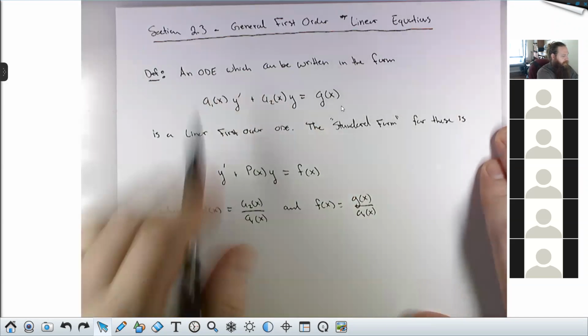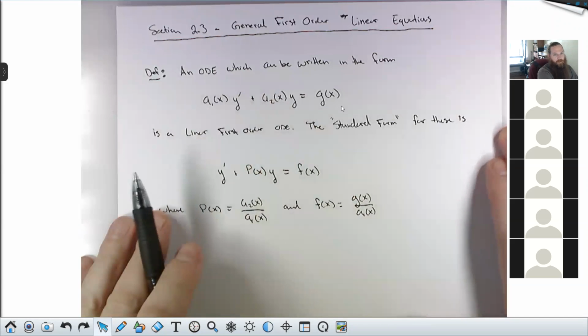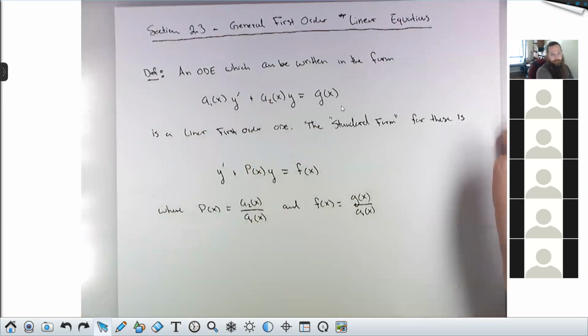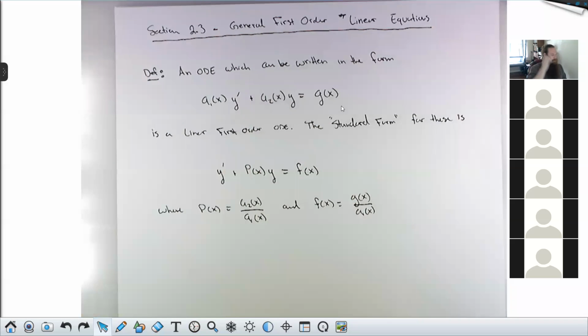So you can divide through the equation by A1 of x to get this form. This form right here is the one called the standard form.